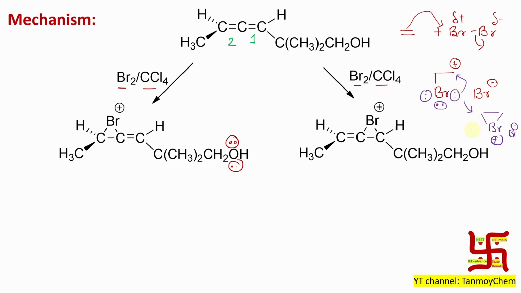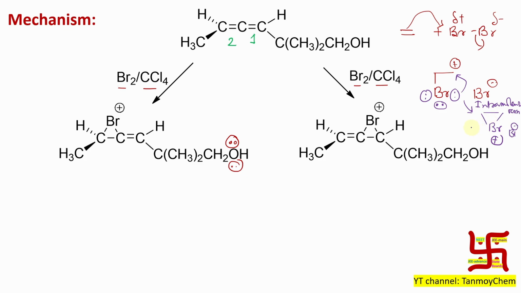Possible, but remember, whatever I have written, this bridged bromonium ion formation is actually an intramolecular reaction. And remember, intramolecular reactions are always favored over their intermolecular counterpart. So that's why first the bridged bromonium, second this bromine will attack from the back side, an anti-addition.